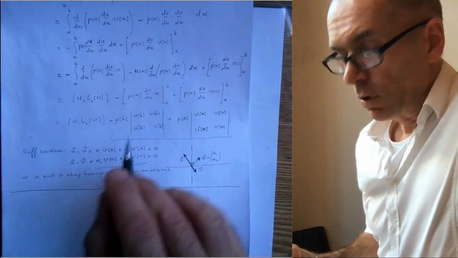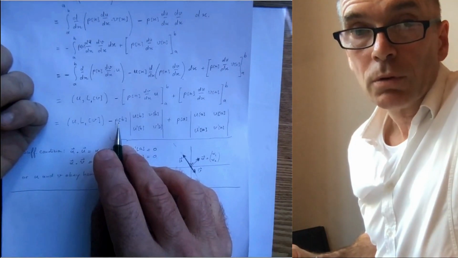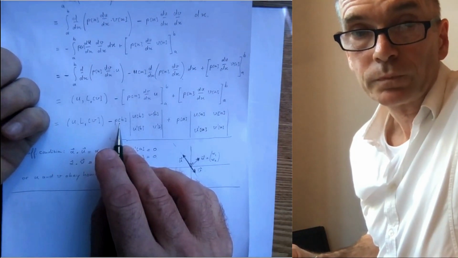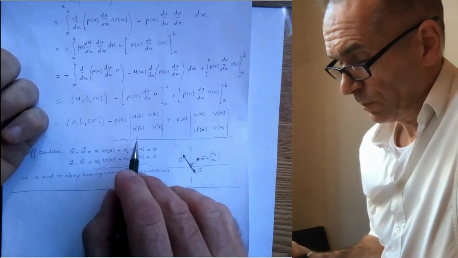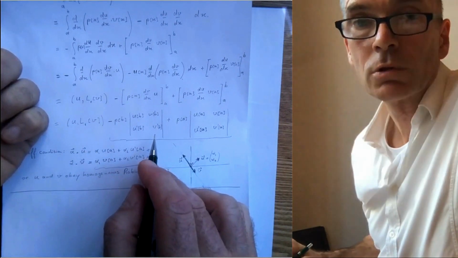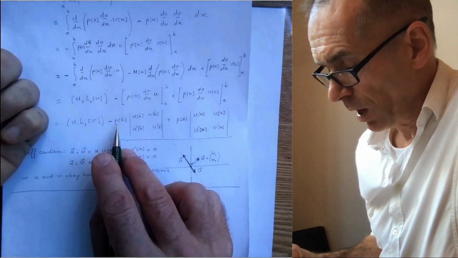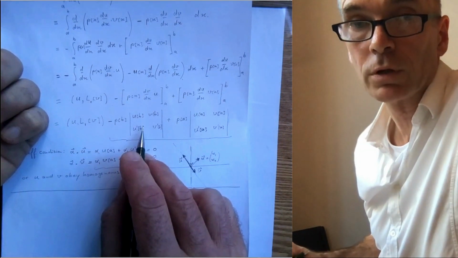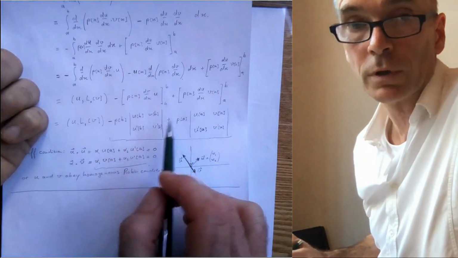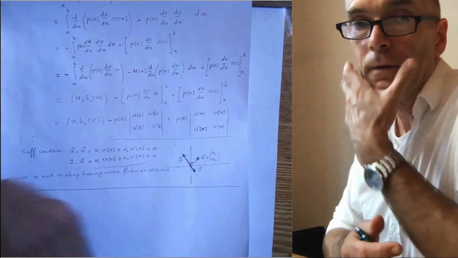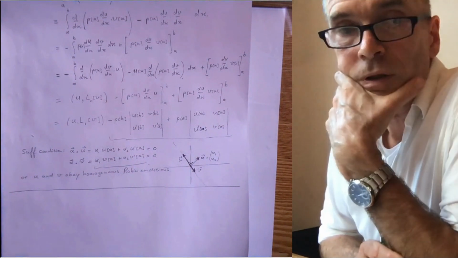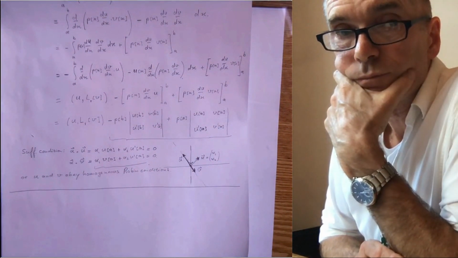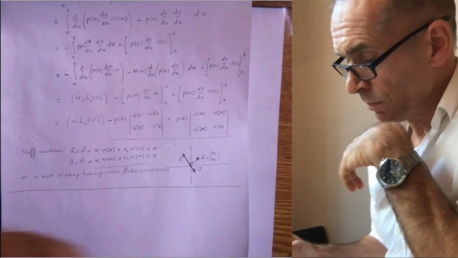If P would be 0, then it's easier. Unless this is very singular, unless this would be infinite, for example, the functions that you work with might be infinite, then there's a problem.